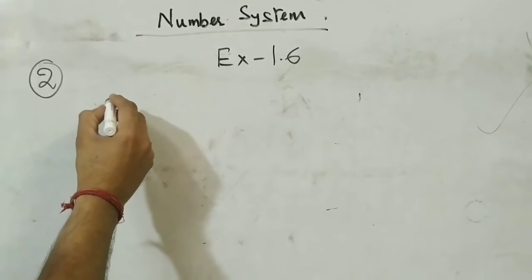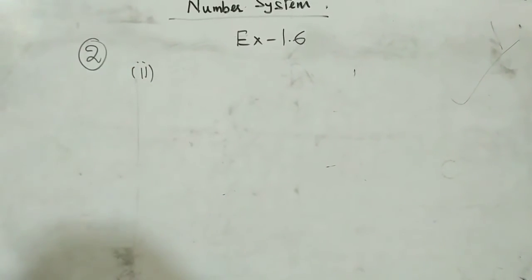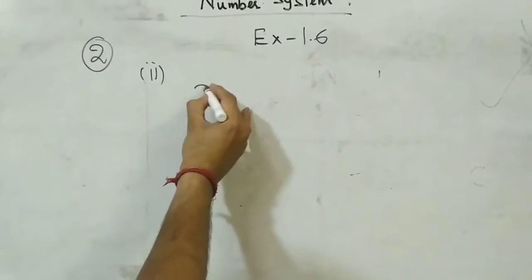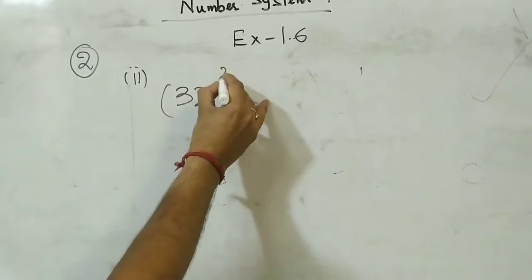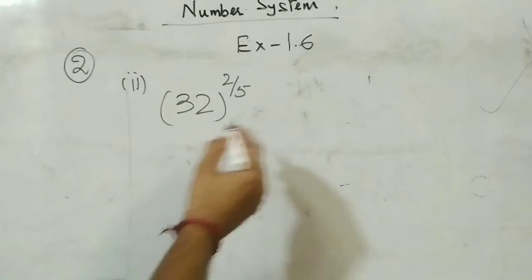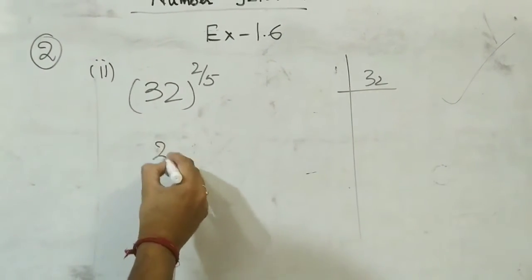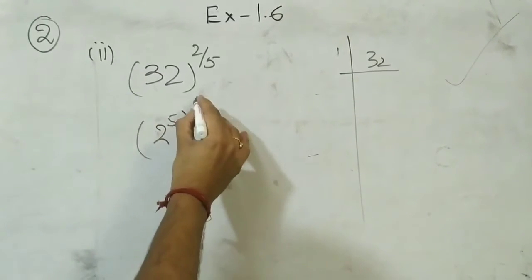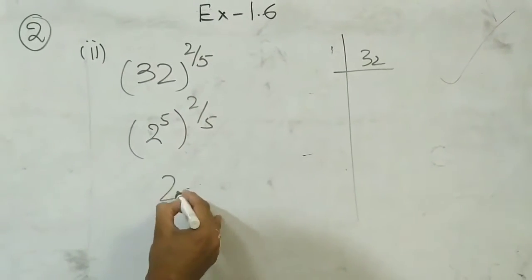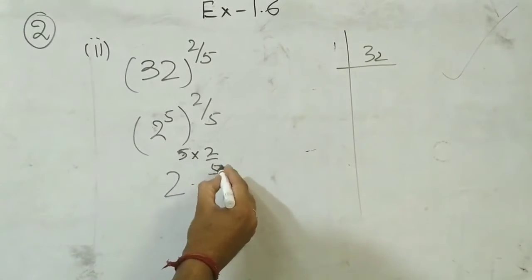Question number 2, exercise number 1.6, second part. So 32 to the power 2/5. Find the factors of 32. As earlier, we will find that it is 2 to the power 5. When the powers are like that, you can multiply.